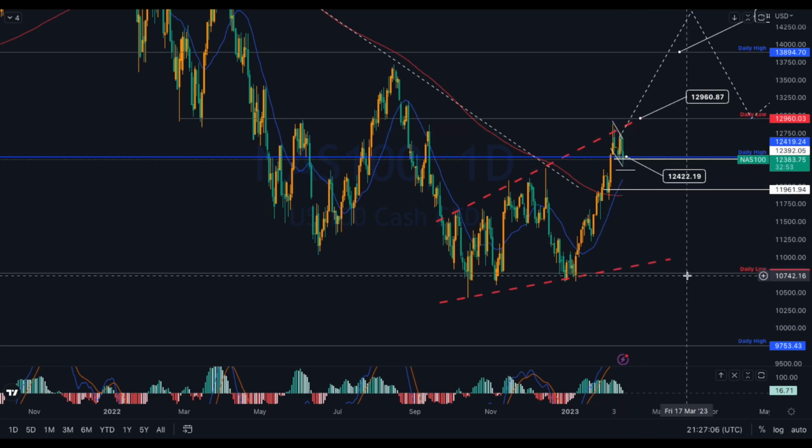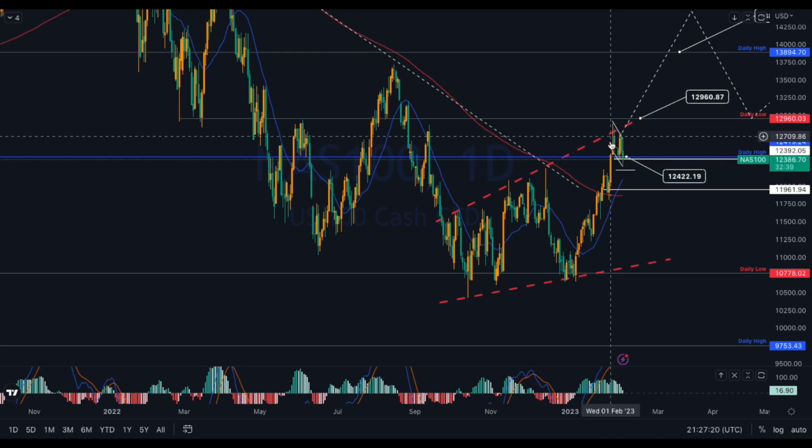The only thing that contradicts that move right now is the crossover of the MA and the current structure of this particular pricing, the candle formation in this location. This is the only thing that is contradicting it.